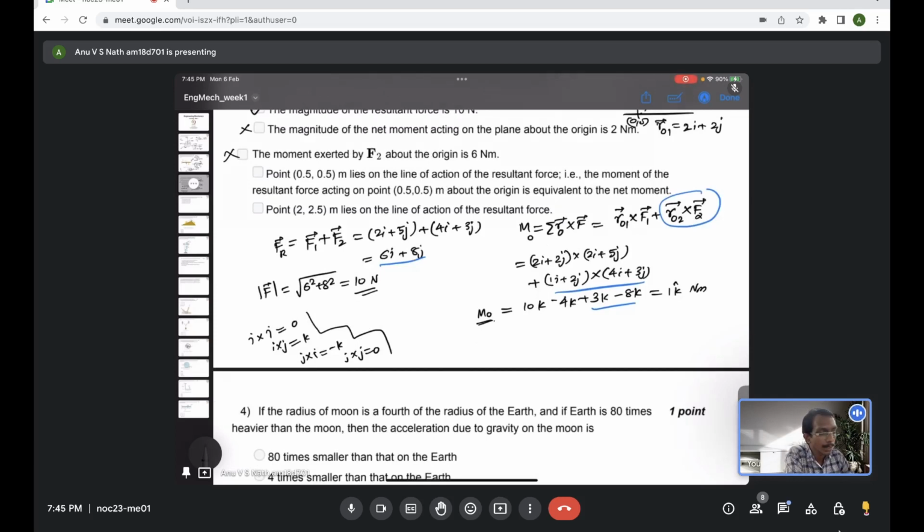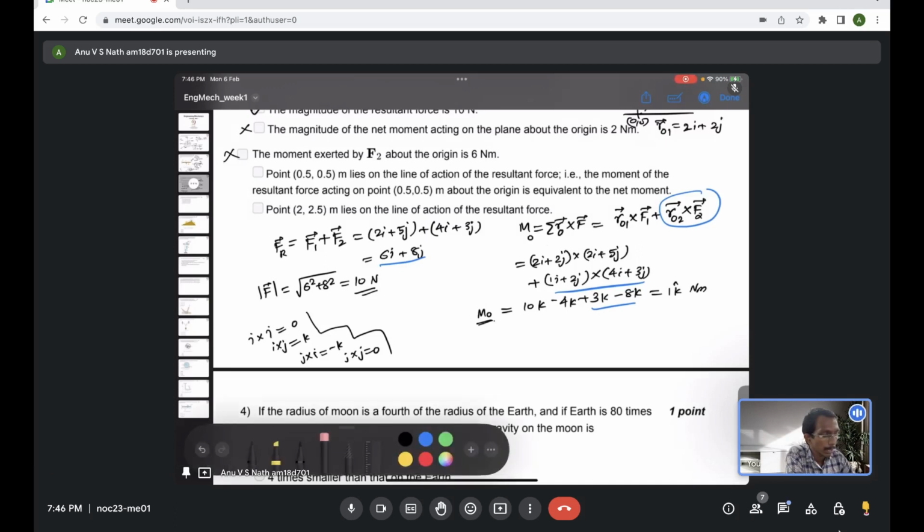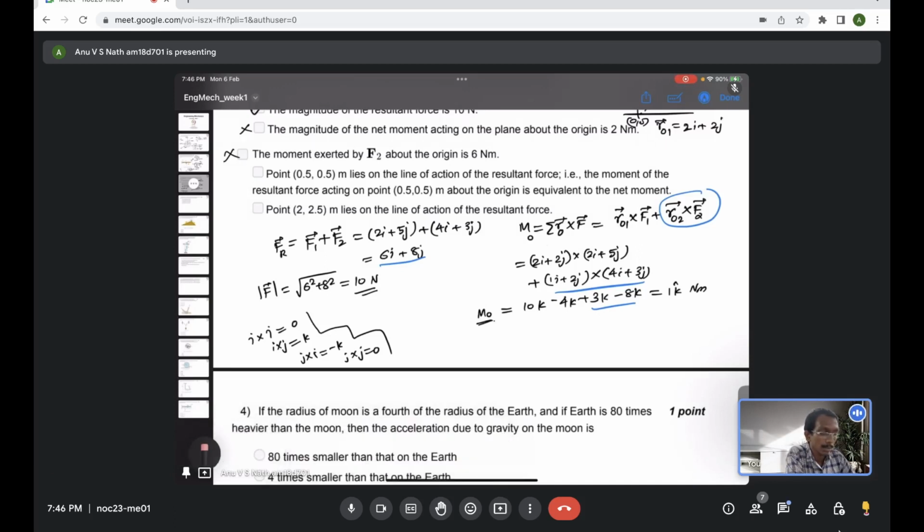Indirectly it means the moment of the resultant force about the origin is equivalent to the net moment Mo. If they are the same, then clearly Fr is passing through this particular point, otherwise it is not. So we will just evaluate and see whether the moment is the same or not.